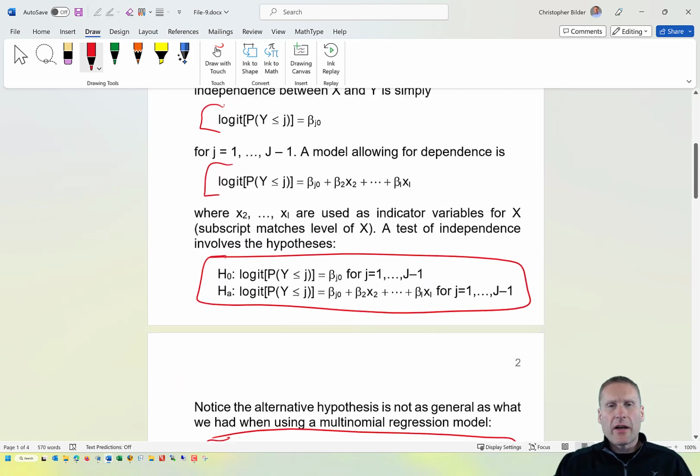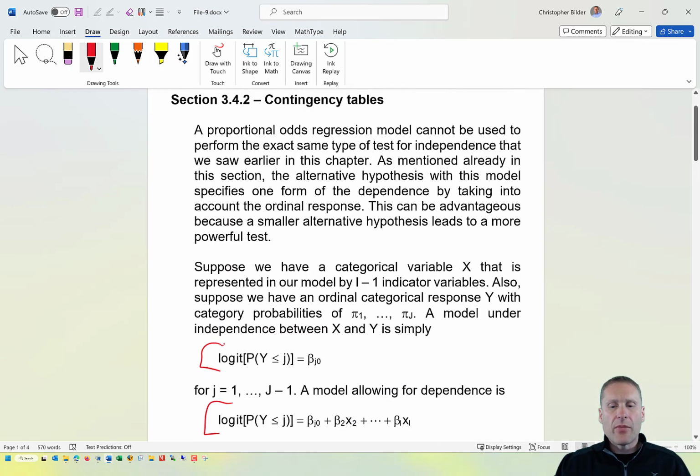Now, we talked about this a little bit before when we were talking about hypothesis tests concerning the proportional odds regression model, and this is the corresponding effect to it. In the end, what this ends up meaning for us is that our test for independence will have higher power, meaning that you will be able to find that there is dependence more often.